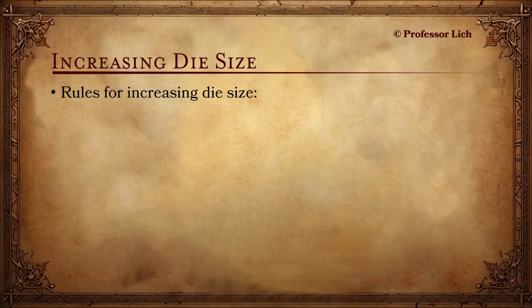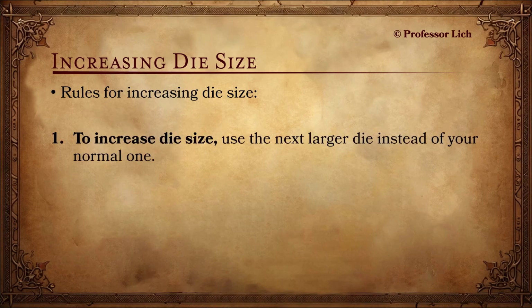Sometimes you might encounter an effect that asks you to increase the size of your weapon damage dice. You can do that, but you must follow these rules. To increase die size, use the next larger die instead of your normal one. So if you normally use D6, you would use D8. If you normally use D8, you would use D10, and so on and so forth.